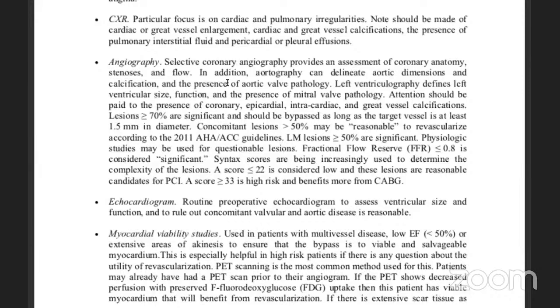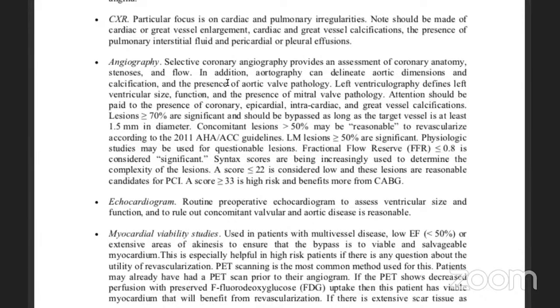For example, there was an Italian study, I think about 8 to 10 years back, and it showed that echocardiography was able to differentiate scar tissue in different areas where you have abnormal wall motion.